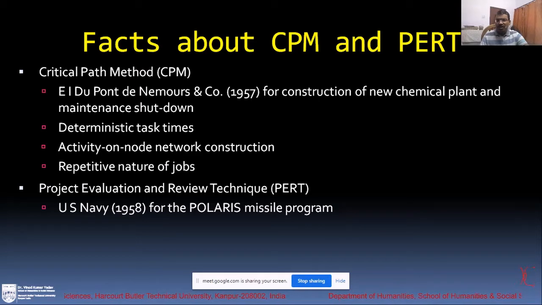You cannot determine them exactly; you can only say maximum, minimum, average, because it is a future activity. Whenever you have a repetitive nature of job and you know that it must take exactly this time, then you can go for the critical path method, CPM.